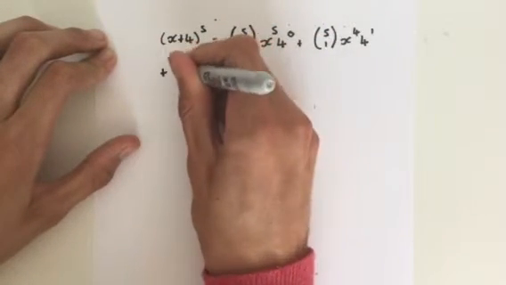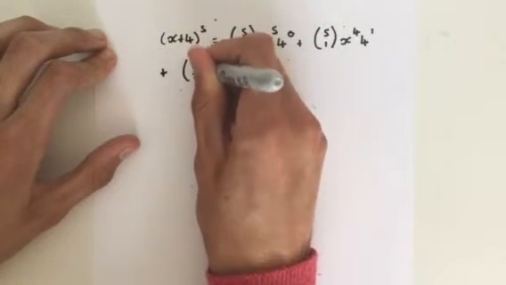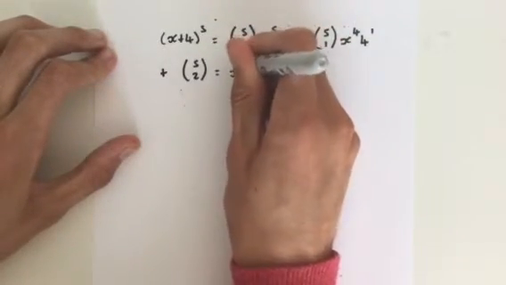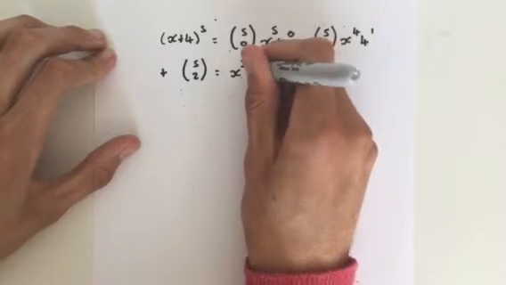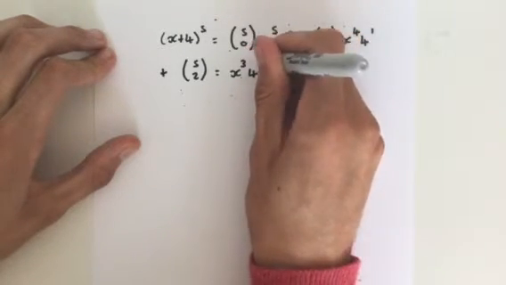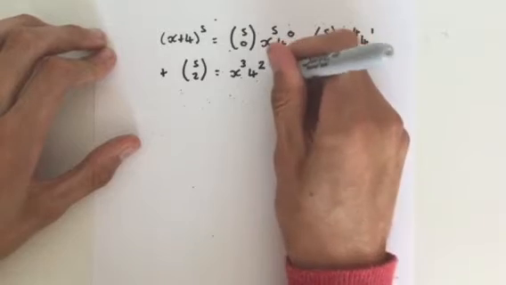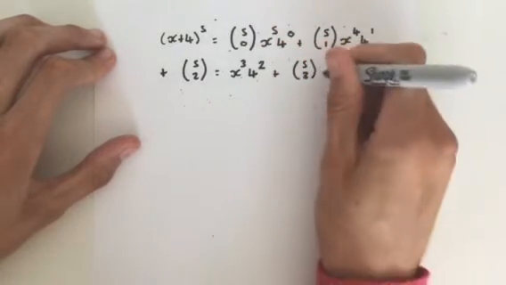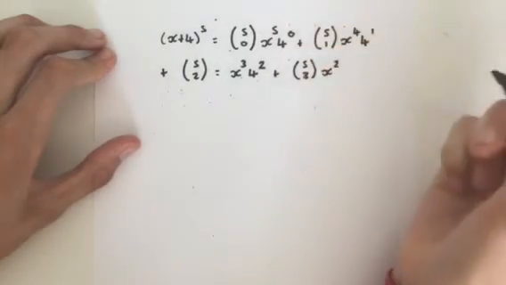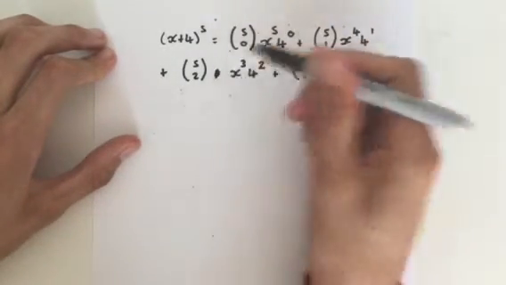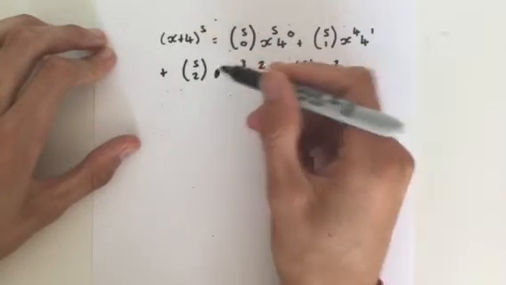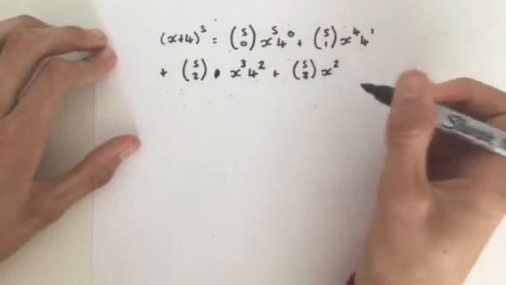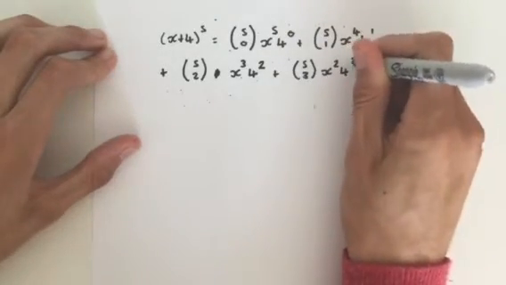Then we add 5 choose 2, times x cubed times 4 squared. Then 5 choose 3 times x squared multiplied by 4 cubed.